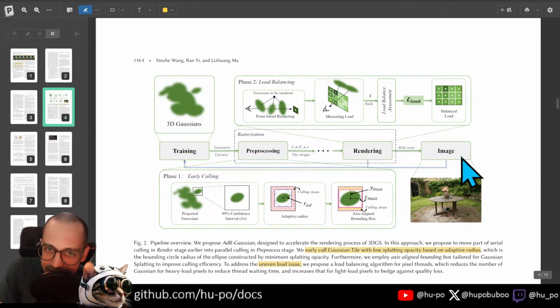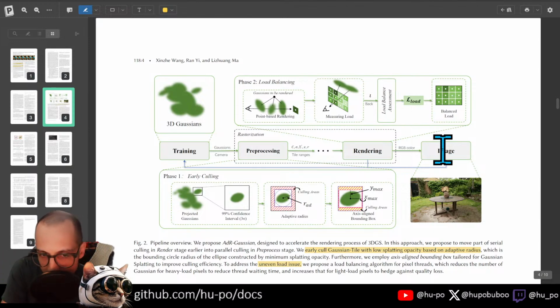So calling a GPU a Gaussian splat ASIC is a little bit rich, because whenever they were originally designed, they weren't designed for Gaussian splats, but it's pretty close to something that would be. So is there going to be specific GPUs that are even more application specific for Gaussian splats?